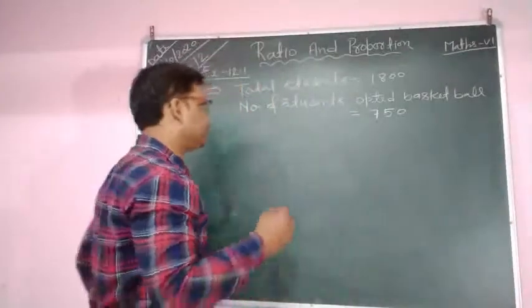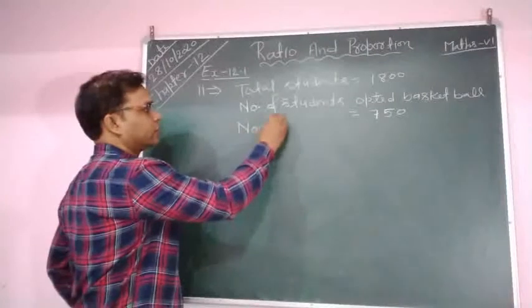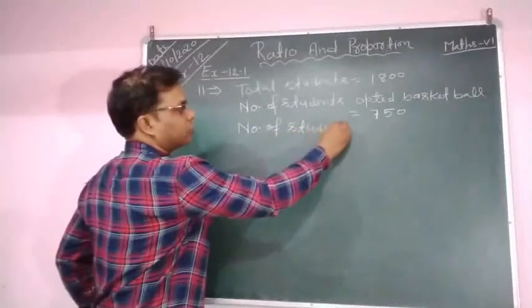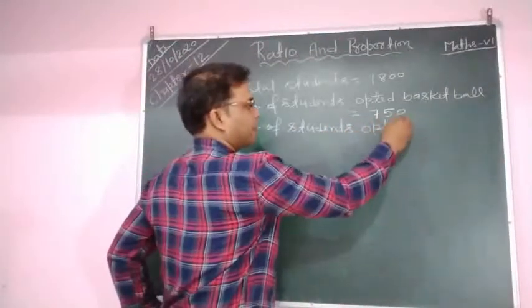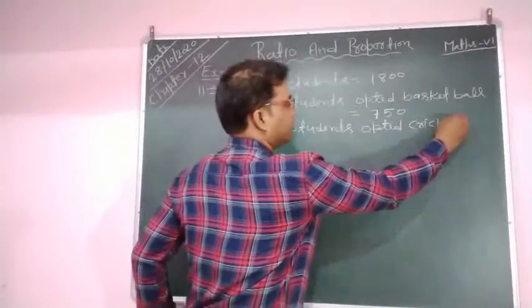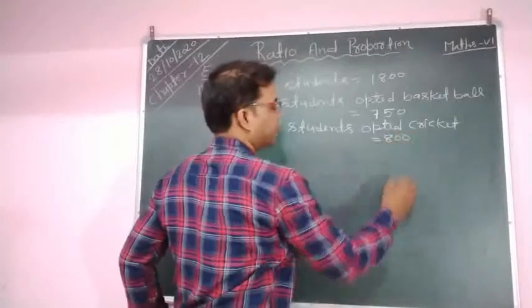So we write here number of students opted cricket. How many students opted cricket? This is given, 800.